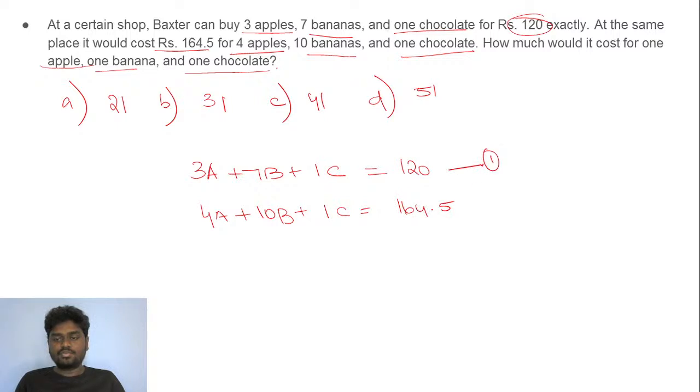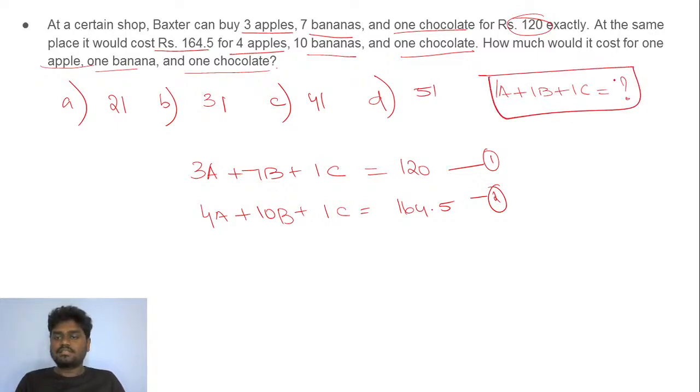So let me take this as 1 and this as 2. Now you want to find how much would it cost for 1 apple plus 1 banana plus 1 chocolate. How much does it cost? Come on, guys, just try to do this.